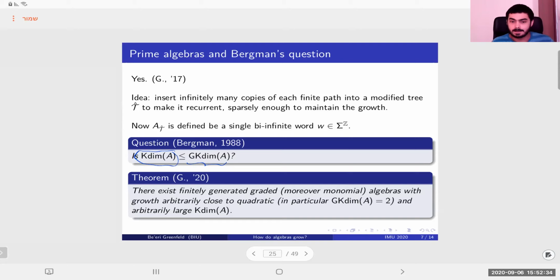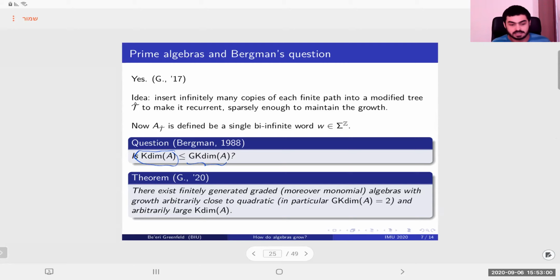And the first proof that the answer is no was given by Bell in 2005. However, there is no concrete counterexample, because he uses non-constructive methods, some Zorn's lemma. So you don't really have any tangible algebra for which you can, for example, compute the precise growth rate. And we were able to derive the first constructive counterexample.